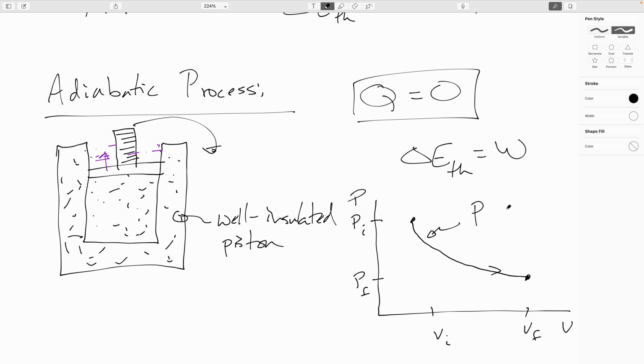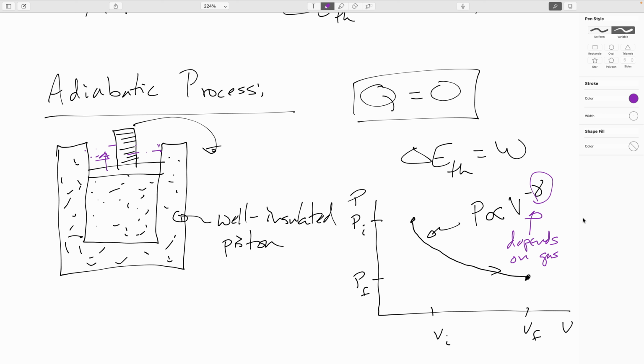The pressure here is not proportional to 1 over the volume, but instead the volume to the negative gamma, where the value of gamma will depend on the gas. We'll calculate this later. A typical value is 5/3.